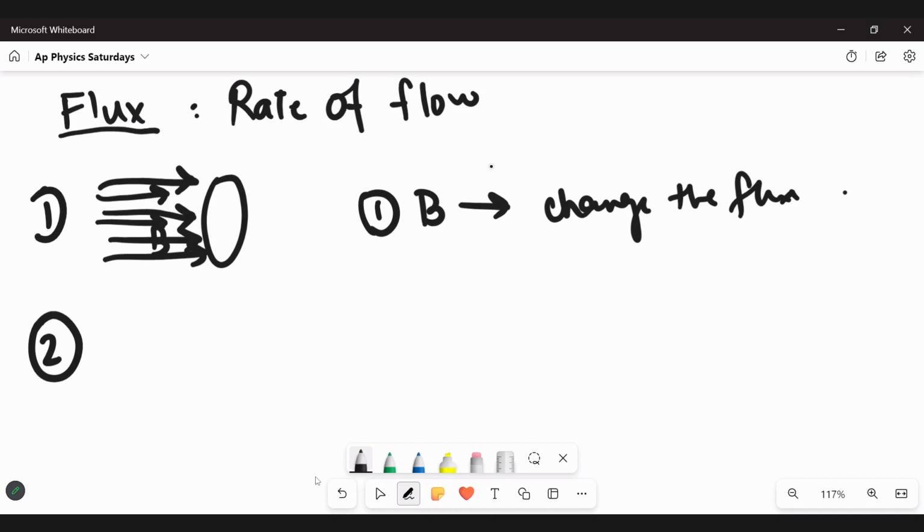Second thing I told you was I can change the orientation. For example, this is a circular conducting loop. Now, I am keeping it in such a way that all the field lines B are passing through the loop.